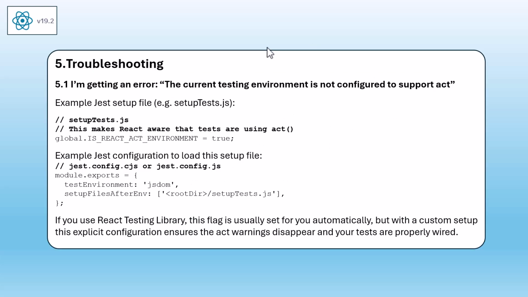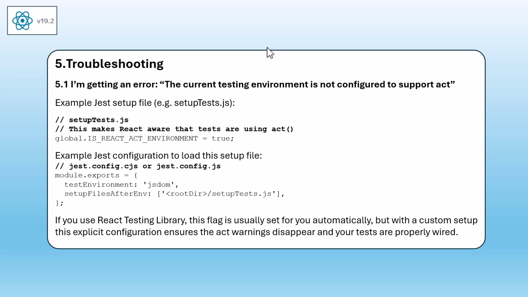5. Troubleshooting. I'm getting an error: the current testing environment is not configured to support Act. Using Act requires enabling a specific global flag that signals that the environment is prepared for Act-driven updates. If this flag is missing, React warns that the environment has not been configured correctly. To fix this, the global flag must be set to true in the test environment configuration.